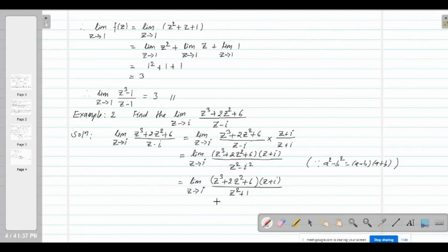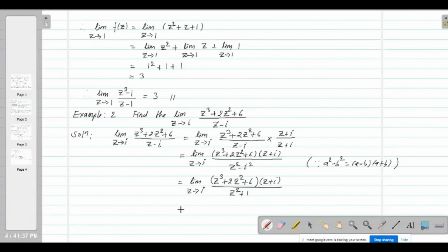Now just apply the limit directly over here. I'm not going to multiply and then apply the limit separately like this.